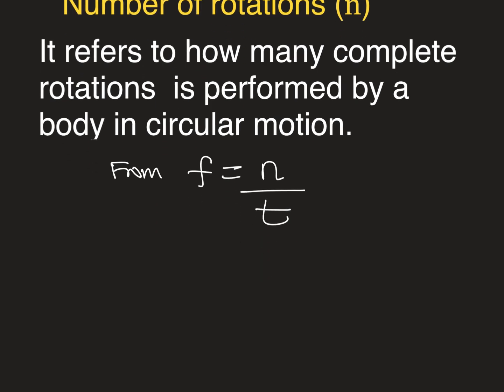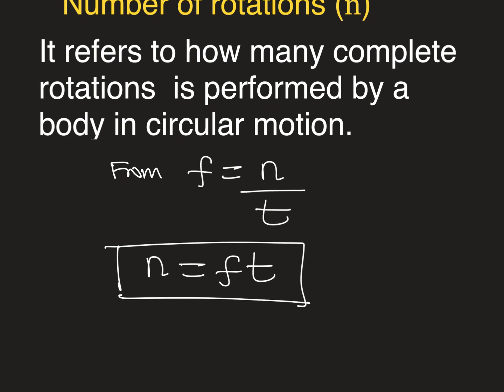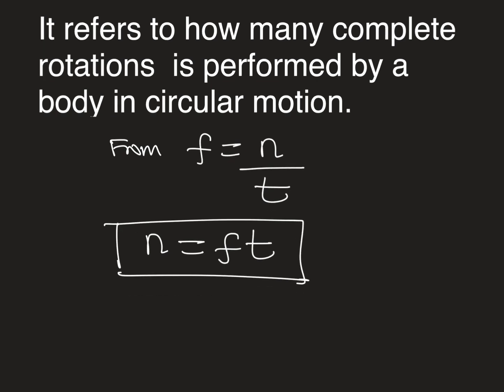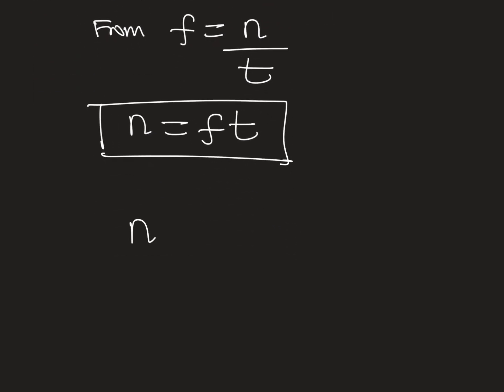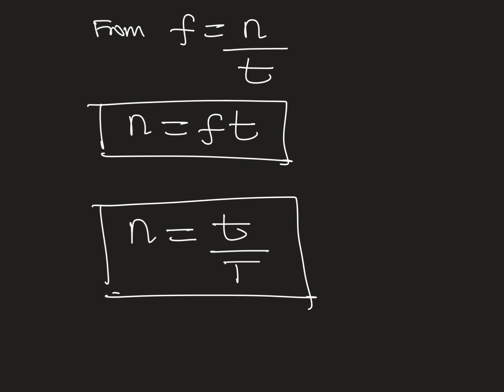So from that, if we want to find the number of rotation, it will be equal to frequency multiplied by the whole time. Also you should know that the number of rotation is equal to the total time divided by the period. These two formulae are important to remember.